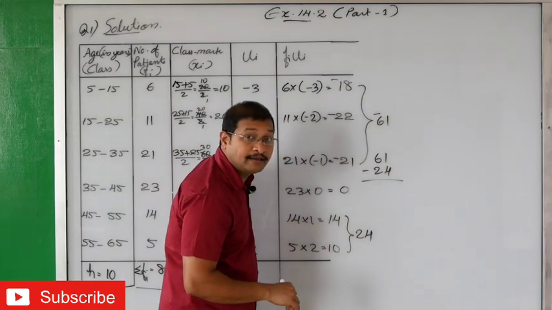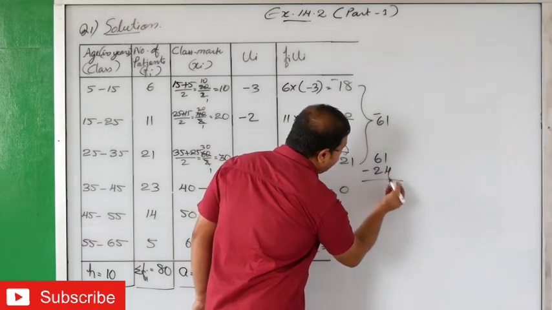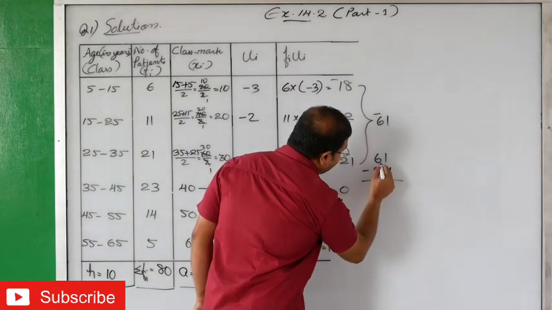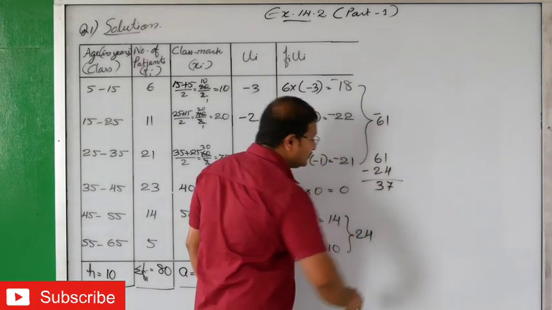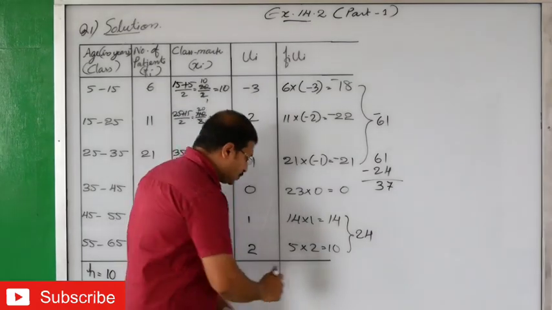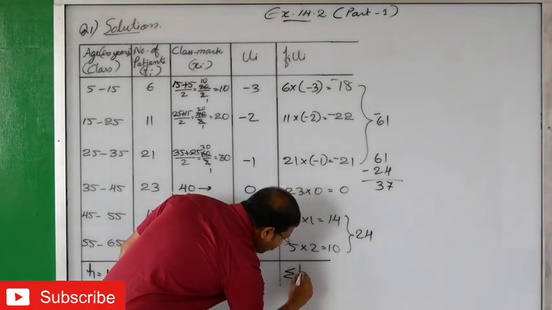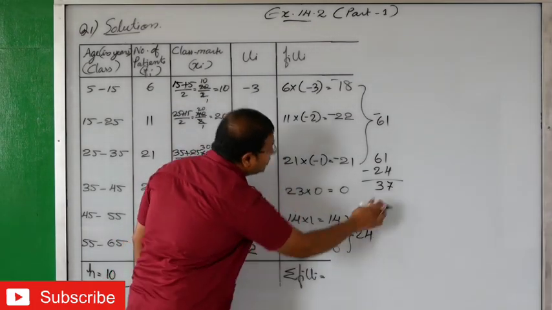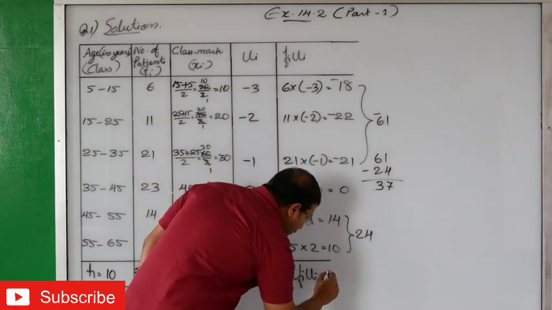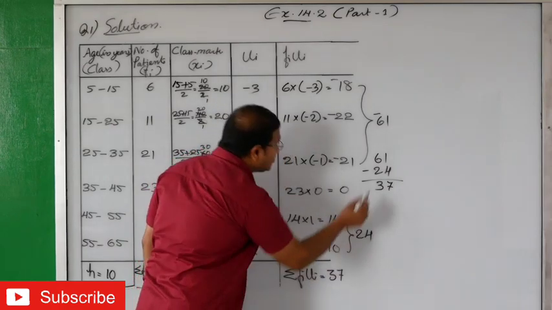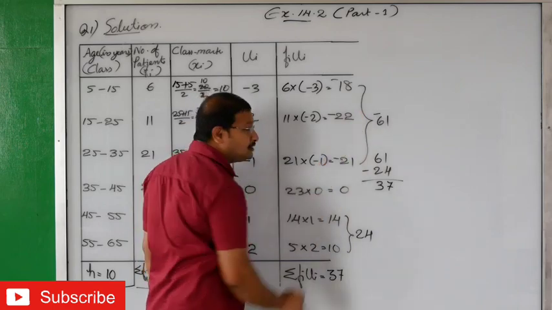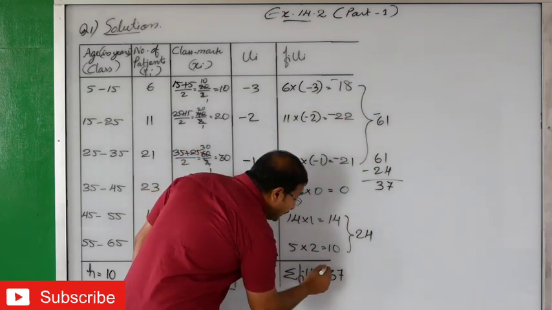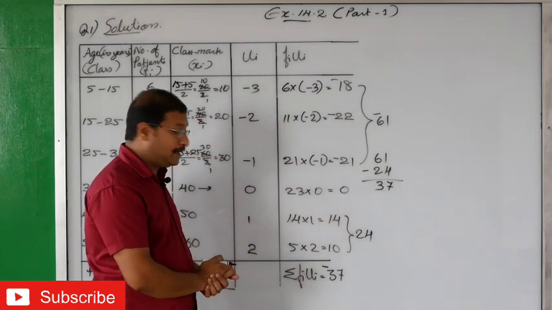How much will you get? Yes, 37. But we know the bigger number, 61, is minus, so the answer is minus 37. Ready? Now we got it.